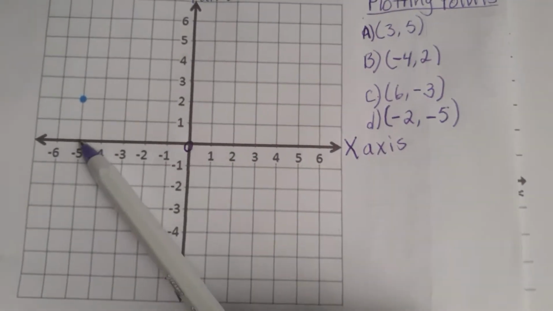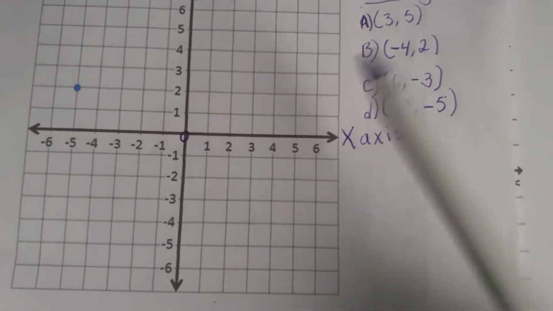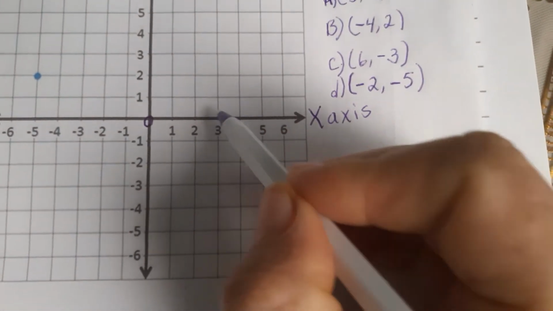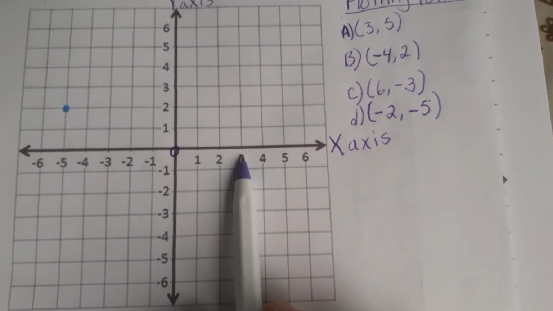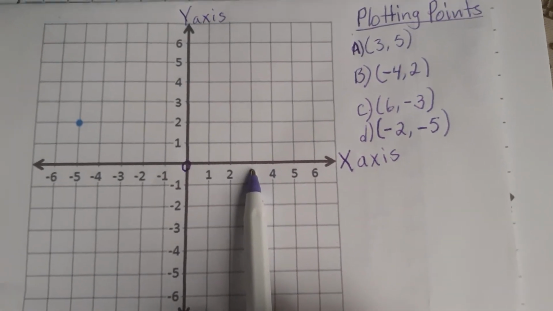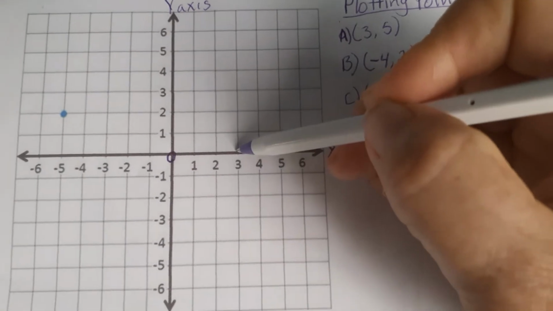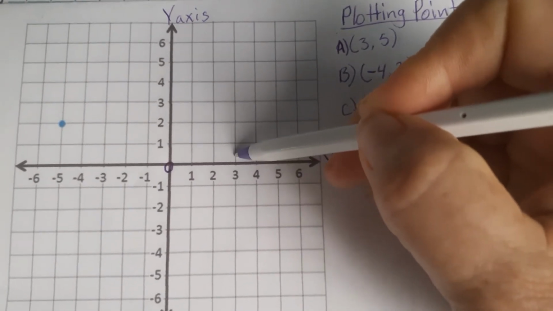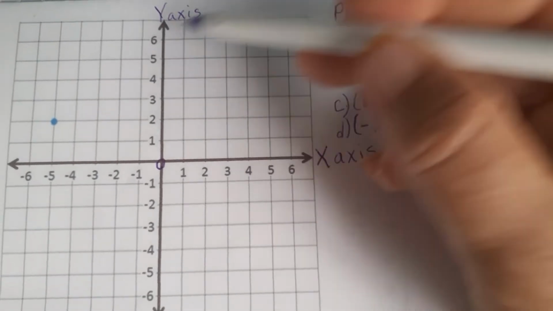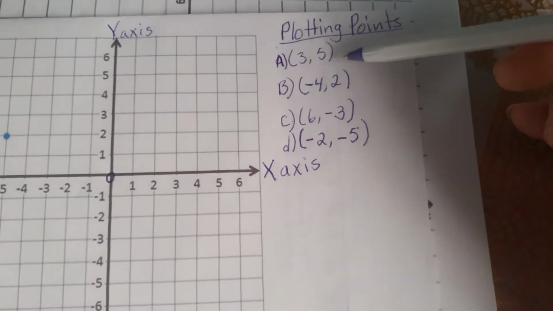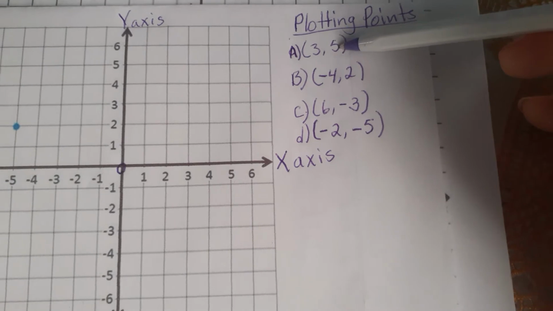So you go to the x axis and you look for 3. Here is 3. Okay, 3 is on the x axis. Then you make a line, you go up and you look at the 5 on the y axis. Okay, the second number is the y axis.